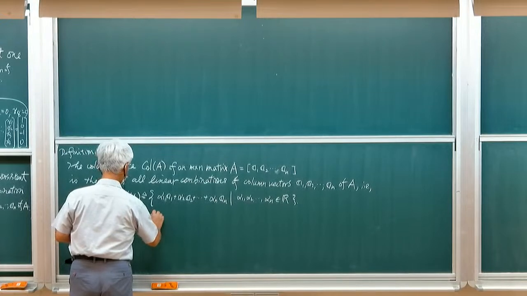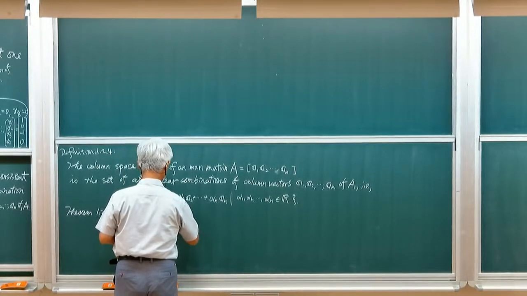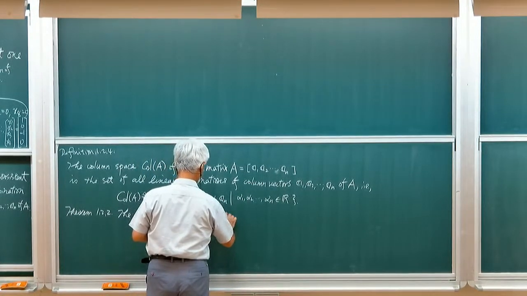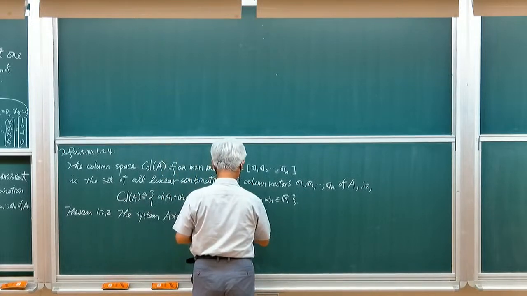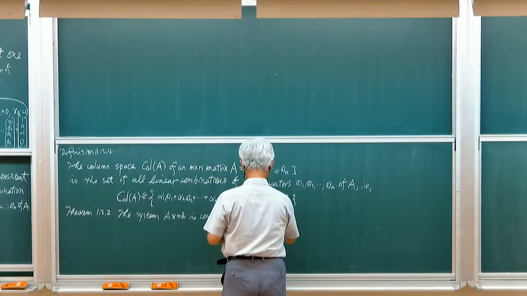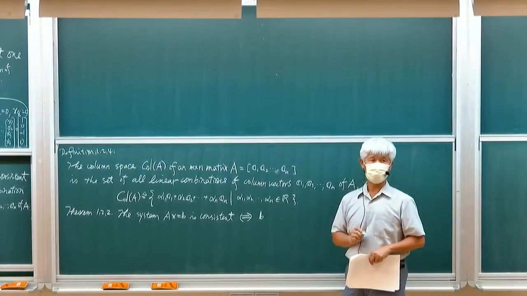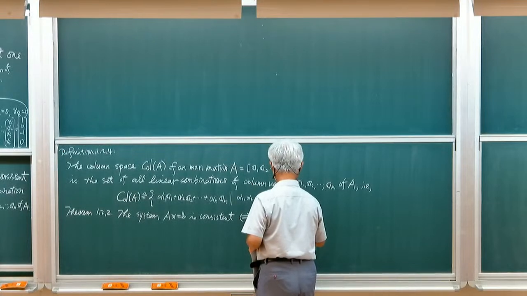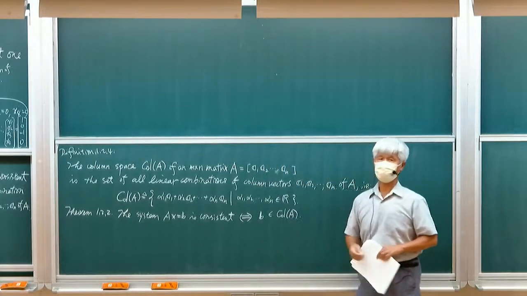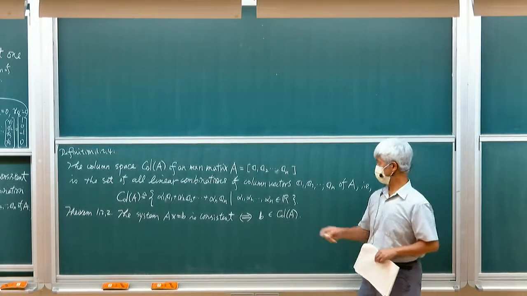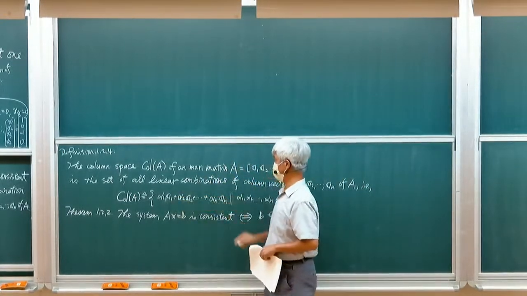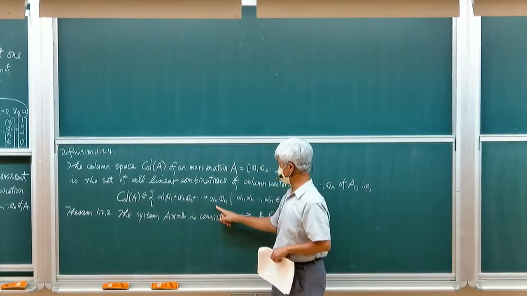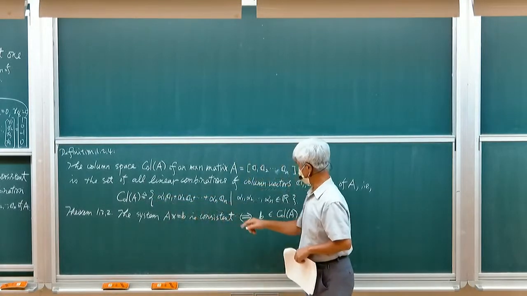The linear system Ax = b is consistent if and only if the right-hand side vector b is in the column space of A. Because if b is in the column space of A, then we can find alpha 1 up to alpha n such that this linear combination is equal to b.